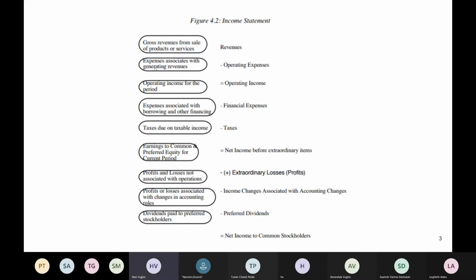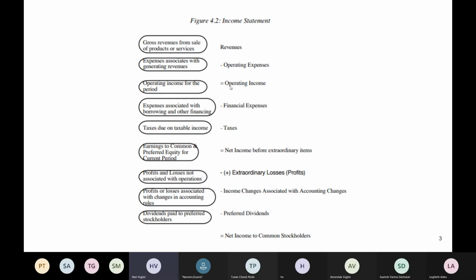Then they have expenses, right? They need to pay for the employees, and they also need to pay for the raw material required to make the pizza. When you subtract those operating expenses from the revenue, you get operating income.